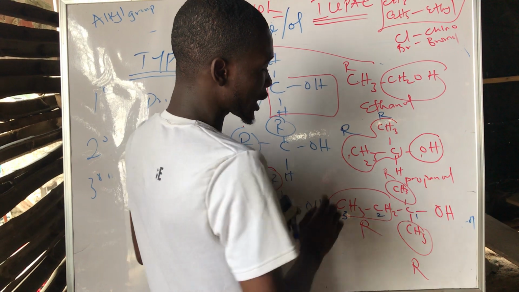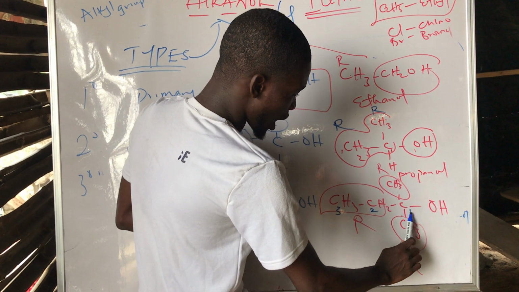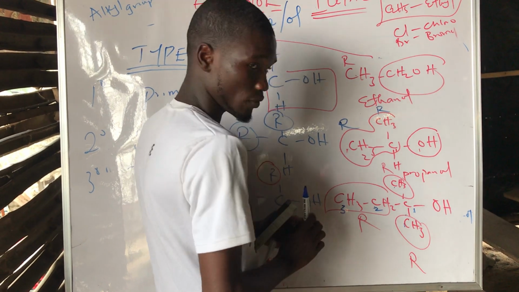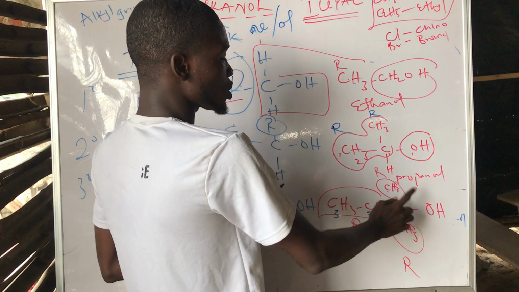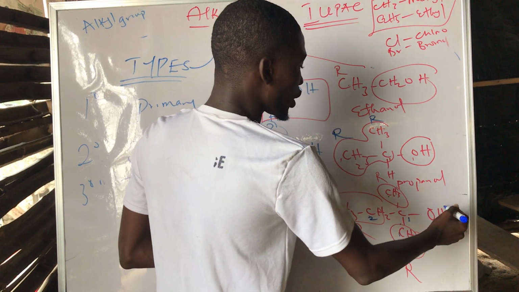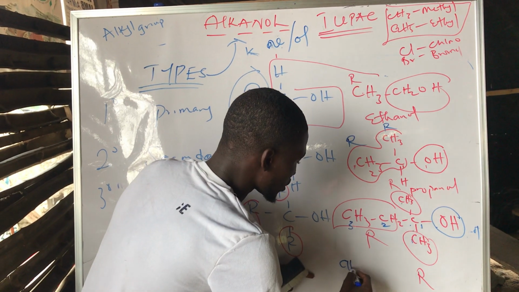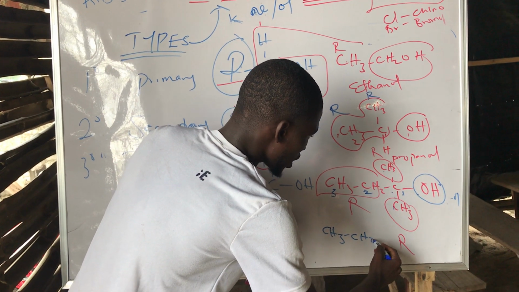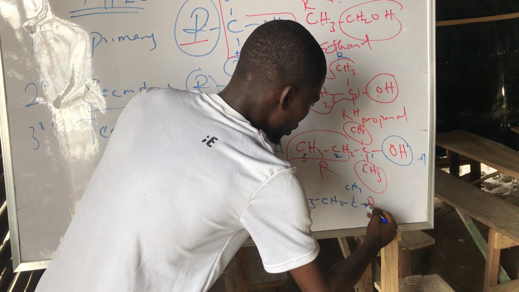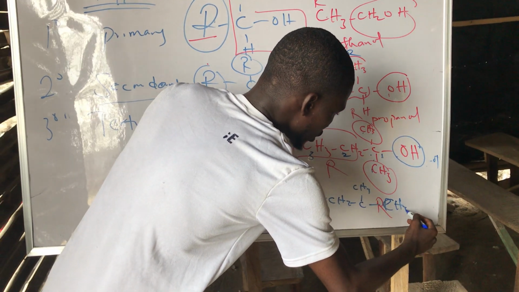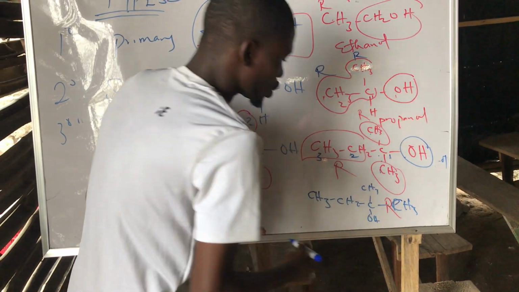But mind you, the carbon atoms you have is what? 1, 2, 3, 4, 5. So because of what you have here, it tells you that you are going to move this OH here to this. With that, you say we have CH3, CH2, CH3, CH3, OH.